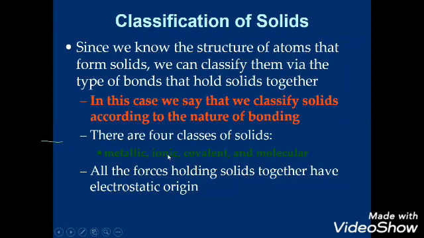If the particles in the solid are ions, for example sodium chloride, which is made up of sodium ion and chloride ion, they are called ionic solid. And if the solid is made up of molecules like that in ice, where we have water molecules, they are called molecular solid.